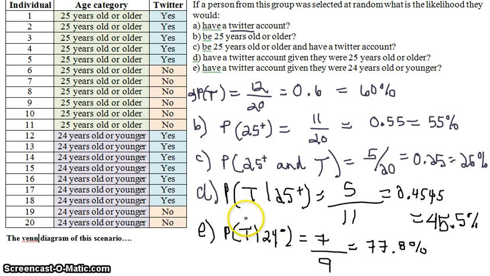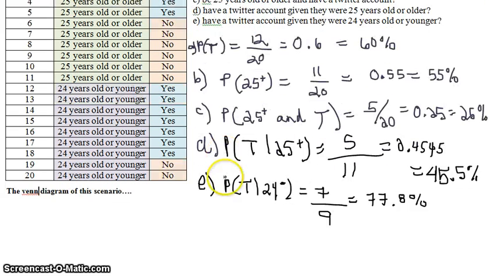Okay, so there's one more thing that we want to do in this example, and that is to create a Venn diagram of this situation. So how could we do that? That's kind of a hard thing to conceptualize, but once we've calculated some of these probabilities, it actually isn't too bad. So let's scroll down a little bit.